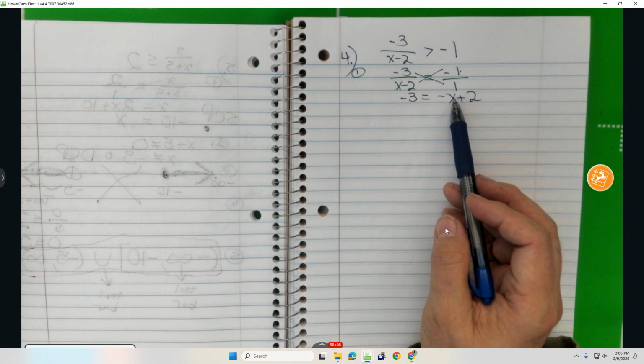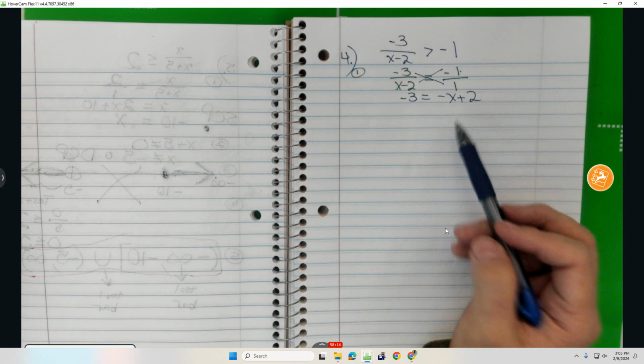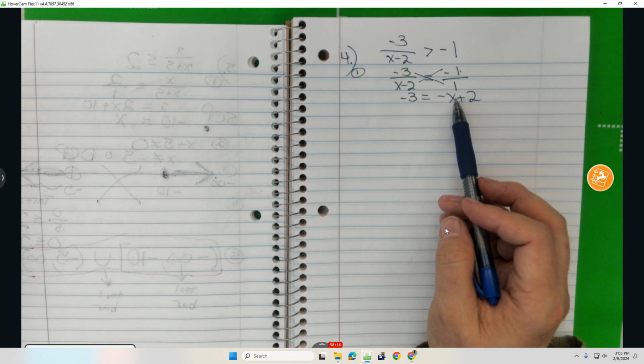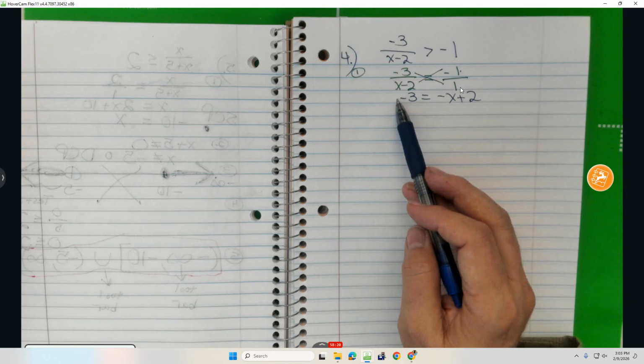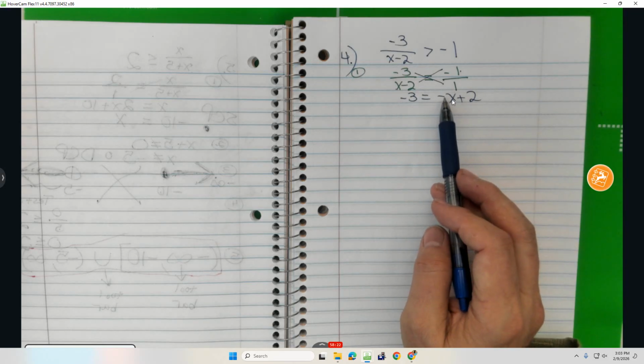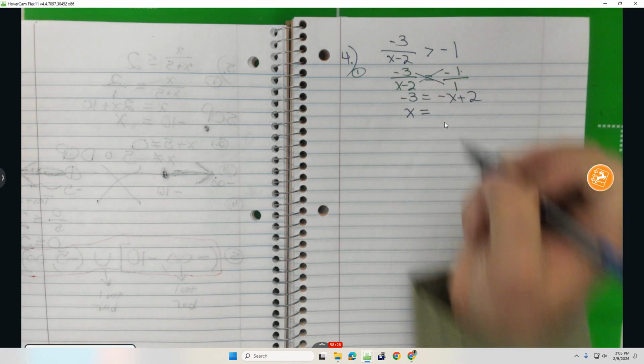I need to solve for x. What do y'all think I'm going to do? I just want the x by itself. So maybe I'd take the x and I'd move it to the left. Why would I do that? What would happen to that negative x? It becomes a positive x. So just x equals.